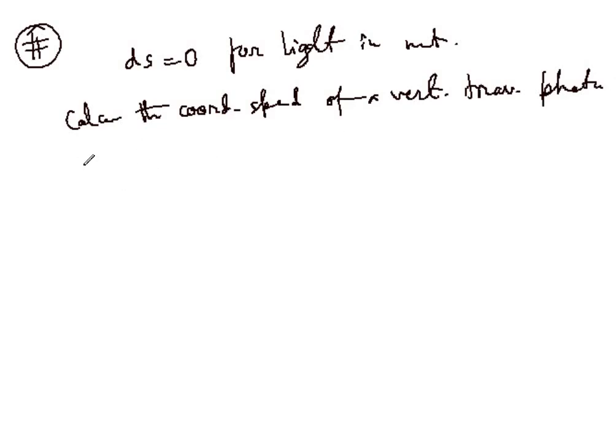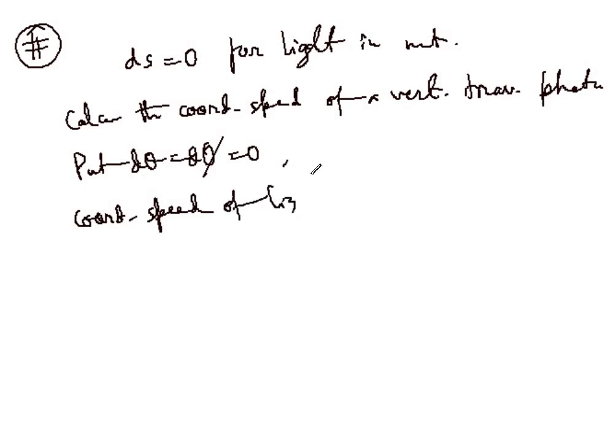Now again, if we put d theta equal to d phi equal to 0, then the coordinate speed of light in the radial direction is given by how much? dr/dt.